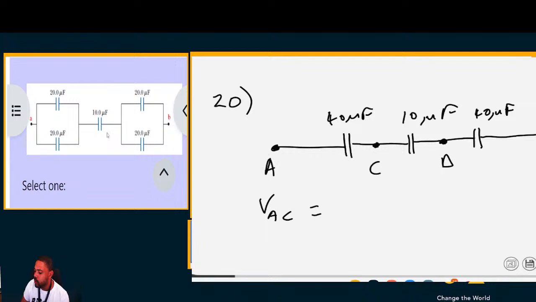The voltage drop between A and C is the same as the voltage drop between CD, which is the same as the voltage drop between DB.